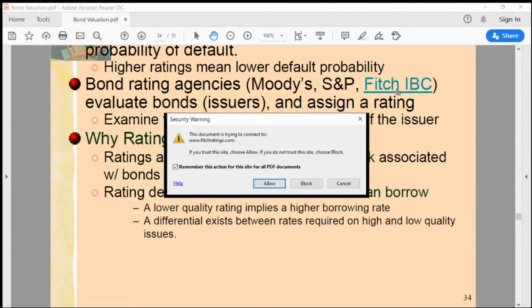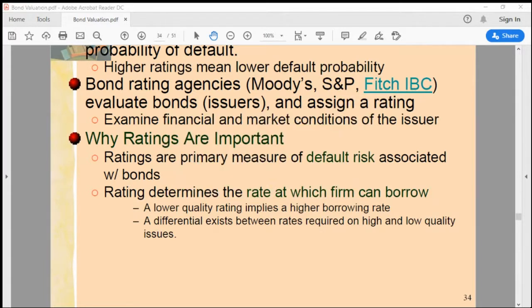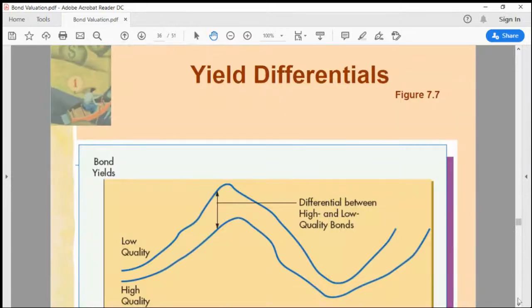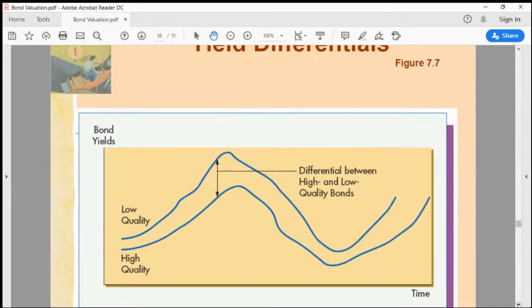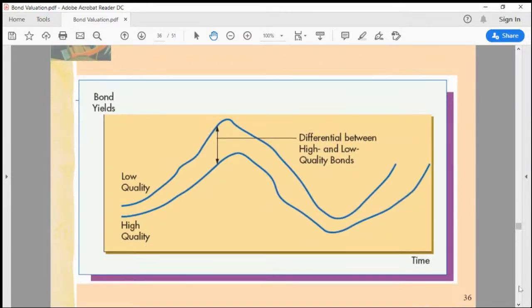Fitch IBC is British, I believe. You may not see this, but if you click on that, that will take you to their website. Okay, so now that brings us to the yield curve differentials.